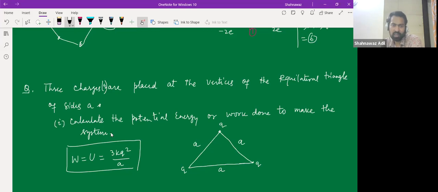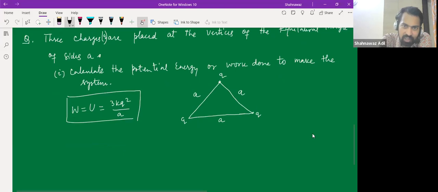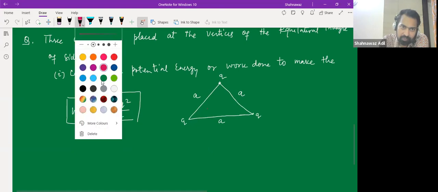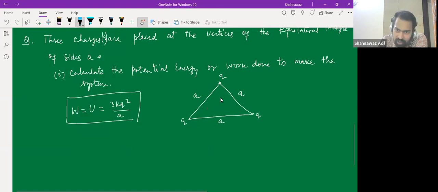Now what I want to do is shrink this configuration and make a smaller system. I want to bring the charges to half the distance. This is Q, and this is a by 2, this is a by 2, this is a by 2.